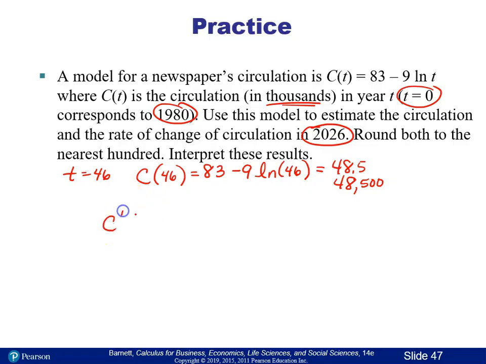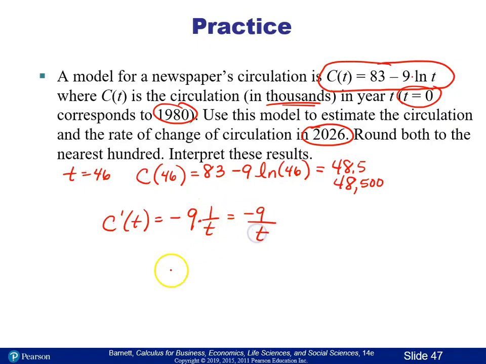Okay, we also need to look at the rate of change of circulation. So we're going to take the derivative. So here's our equation. We're going to take the derivative of, so the derivative of 83 is a constant, that's 0. So we're going to have minus 9, so that's the constant multiple, times the natural log of t, so that's 1 over t, so negative 9 over t.